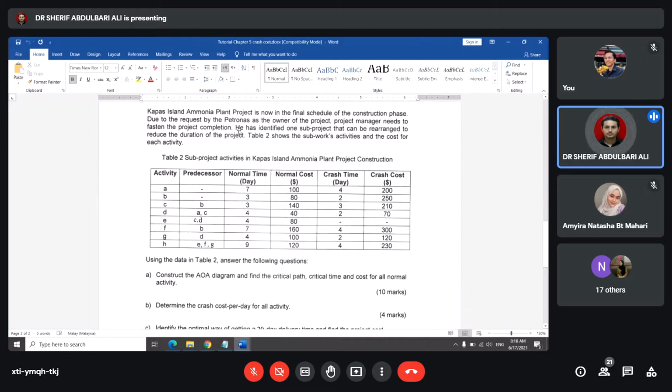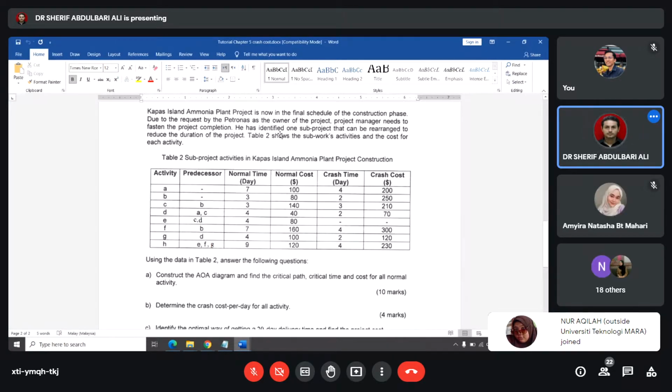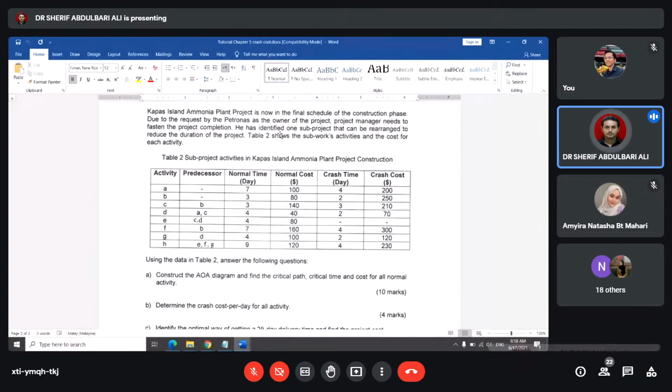So the project manager identified one sub-project that can be rearranged to reduce the duration of the project. All the information is inside Table 2 here, with the supports and the cost for each activity.